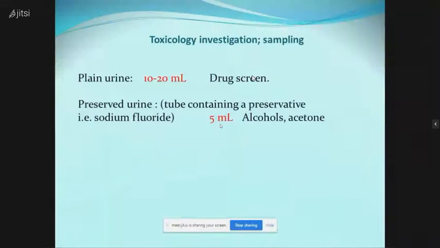Also we take plain and preserved urine, and urine is an important sample because the drugs pass through the liver and blood to go to urine, and that's indicating that the substance was taken for certainty.